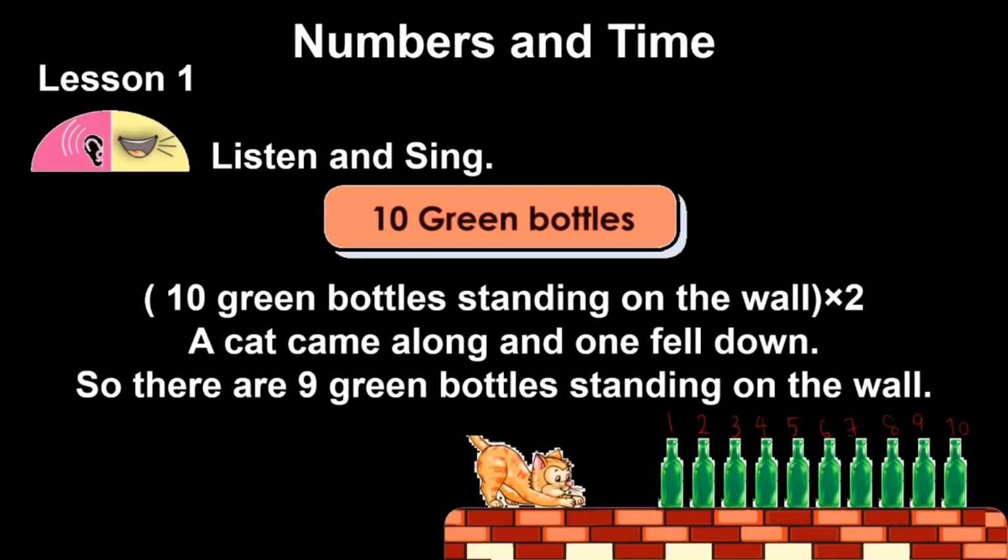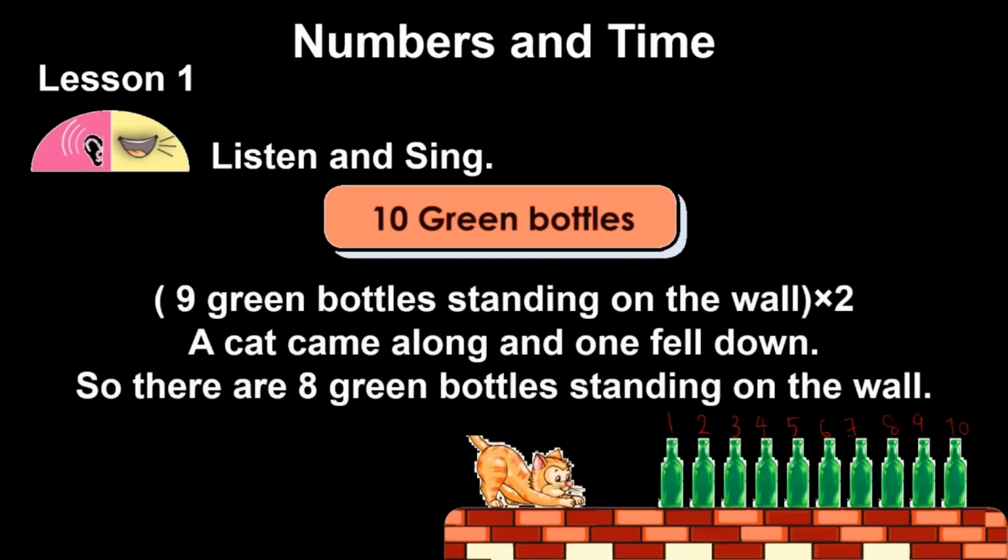10 green bottles standing on the wall. A cat came along and one fell down. So there are 9 green bottles standing on the wall. 9 green bottles standing on the wall. A cat came along and one fell down. So there are 8 green bottles standing on the wall.